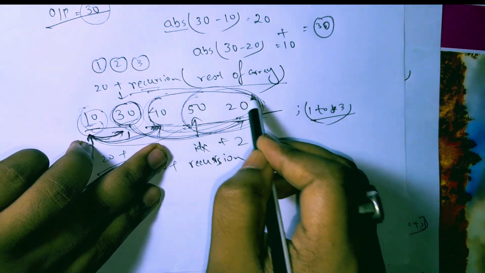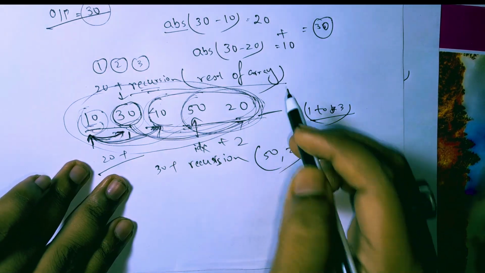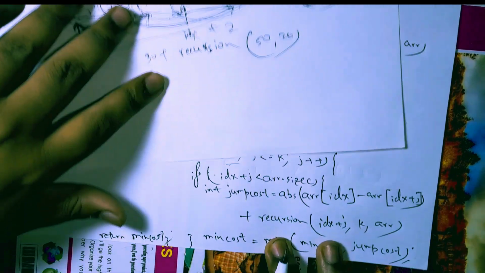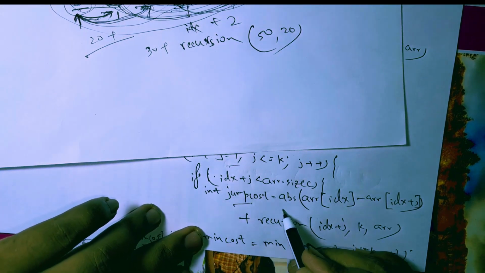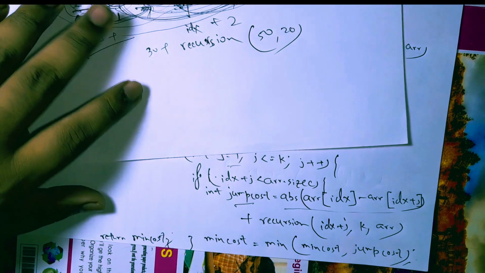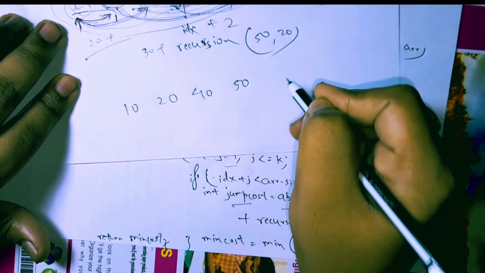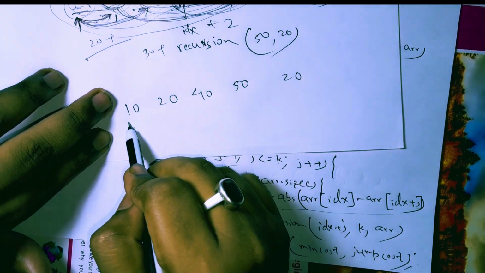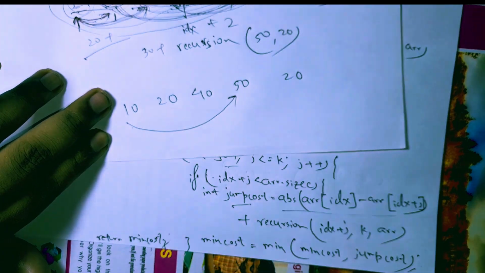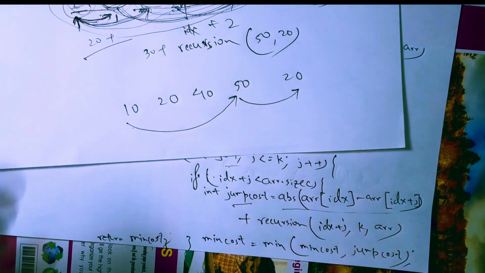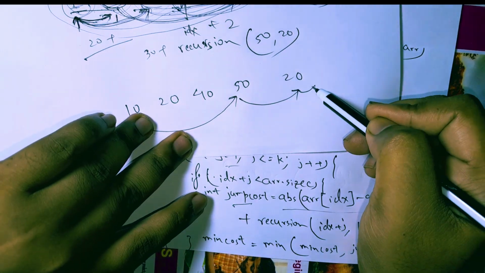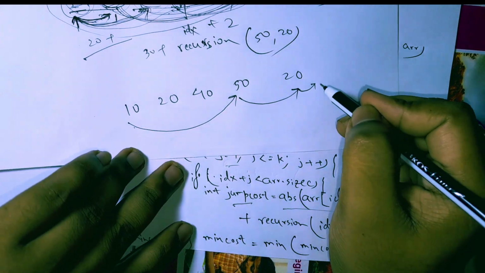Suppose I have completed the whole part, and now I am here, where jump cost equals the absolute of array of index. Suppose I have jumped 10, 20, 40, 50, 20. I have jumped from 10 to 50, and 15 to 20. When I am trying to jump further, this is out of bound.